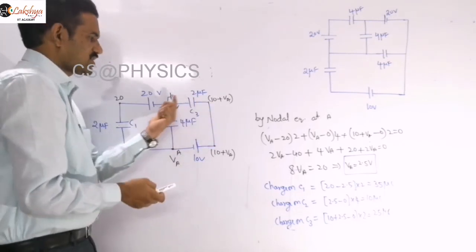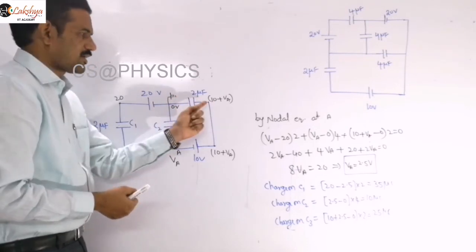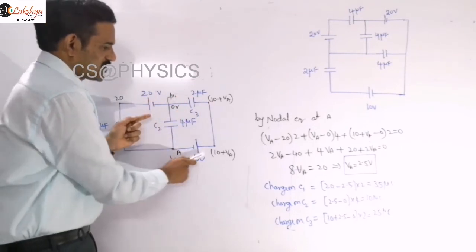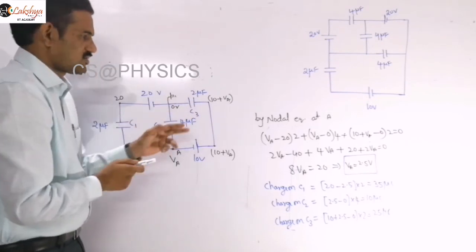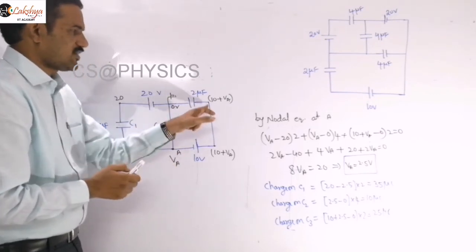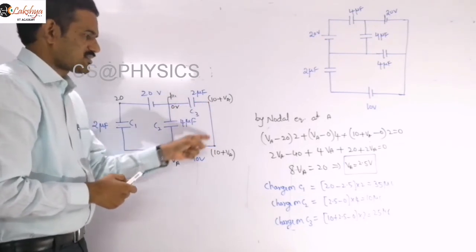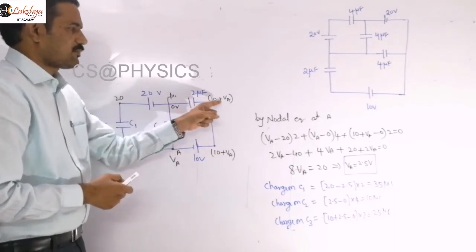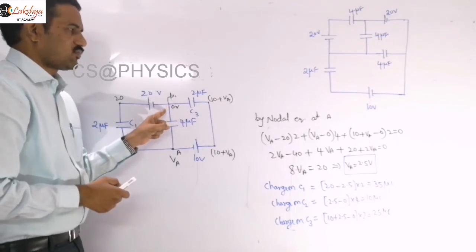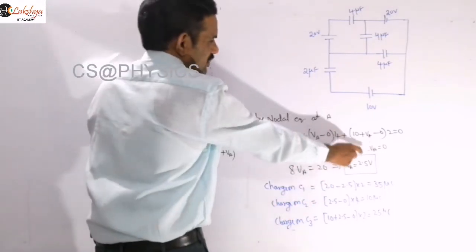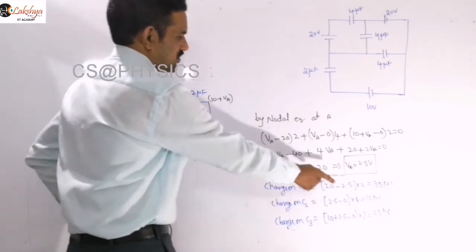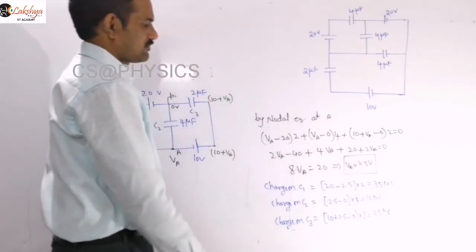So that potential difference we need to write here. 10 plus VA, that charge is the charge flowing in this path. Is it clear? Instead of taking VA, the potential difference across this capacitor we need to write, because no capacitor is there in this path. So 10 plus VA minus 0 into this 2, that is our third term here. By simplifying this, we get the VA value as 2.5.